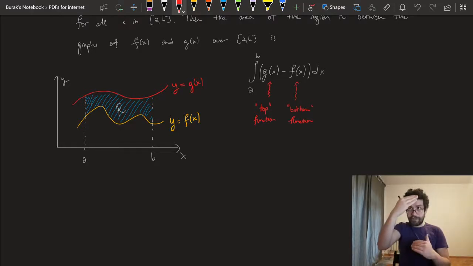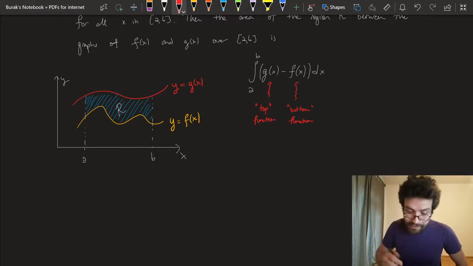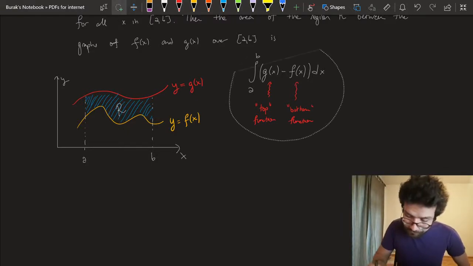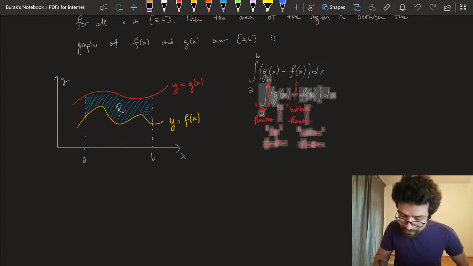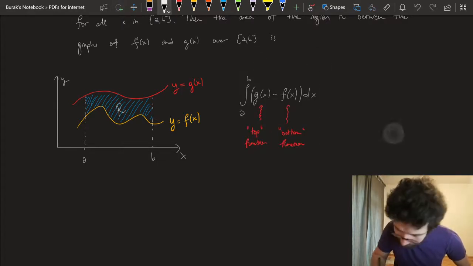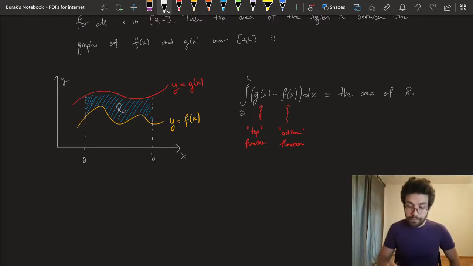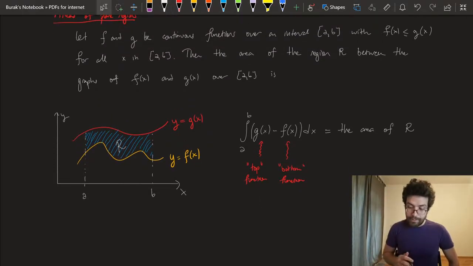The top function by definition is greater than or equal to the bottom function. So this integral is non-negative, and this is the area of R.